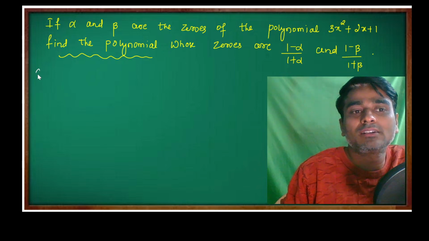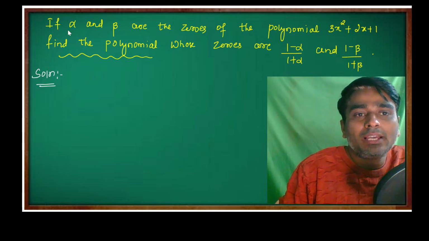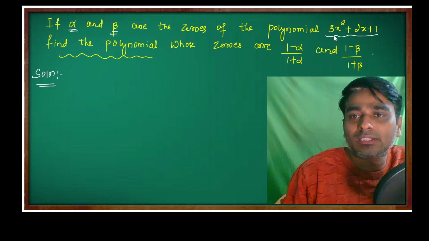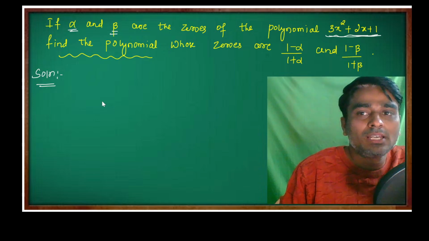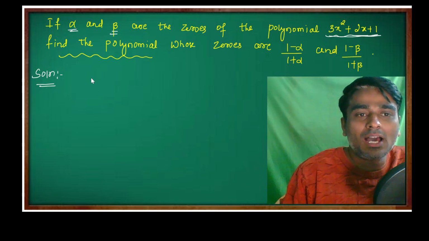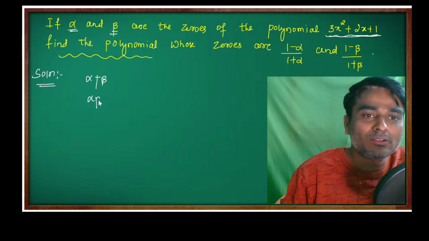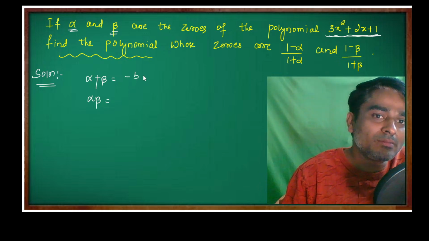First thing in this: alpha and beta are the zeros of this polynomial. So let's find out alpha plus beta first, and then we'll find out alpha beta. Sum of zeros is minus b by a, and product is c by a.